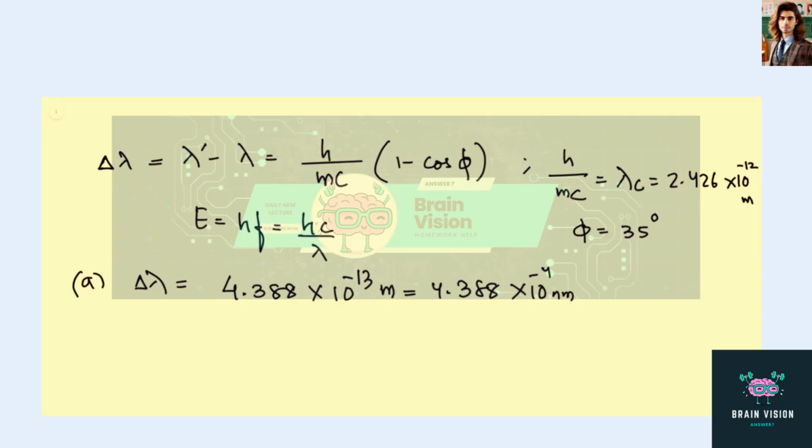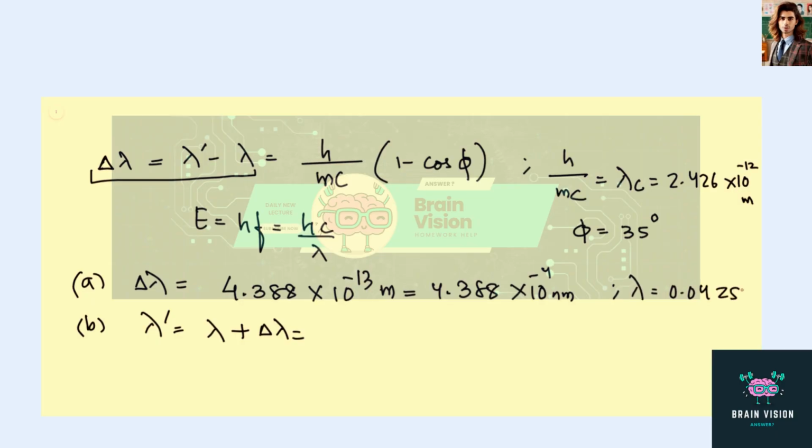So in the second part, we need to find wavelength of the scattered photon. So from this part, we can say that lambda dash is equal to lambda plus delta lambda, and lambda is given to be 0.0425 nanometer.